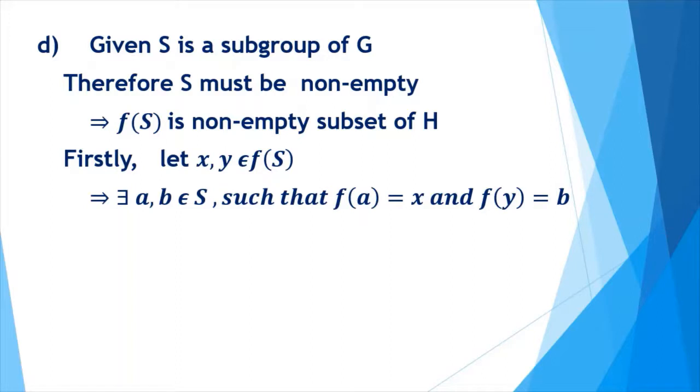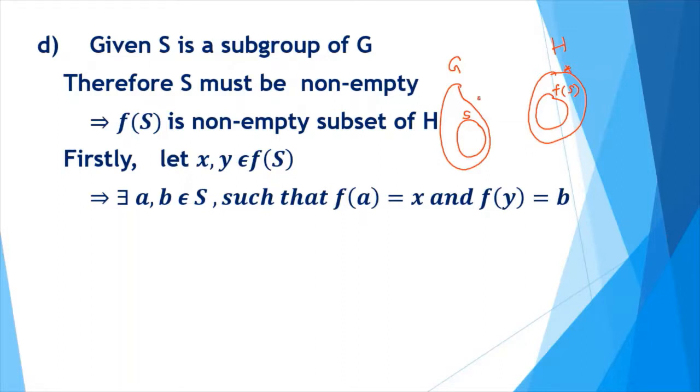So, you can imagine these two sets. This is your G, here you are having H. You are taking one subset of G as S and you are having one subset of H, f of S. Here it is given that S is a subgroup of G and our aim is to prove that f of S is a subgroup of H. Here the operation is star and here you are having dot.